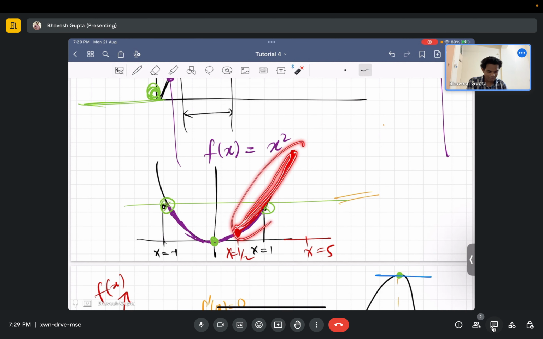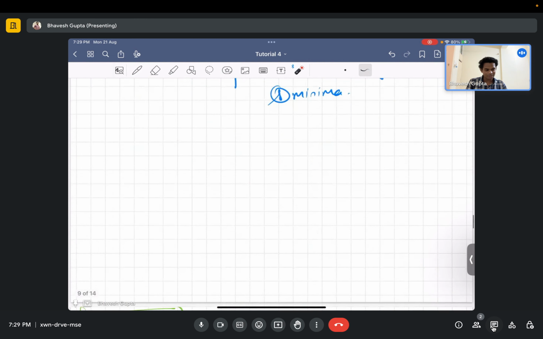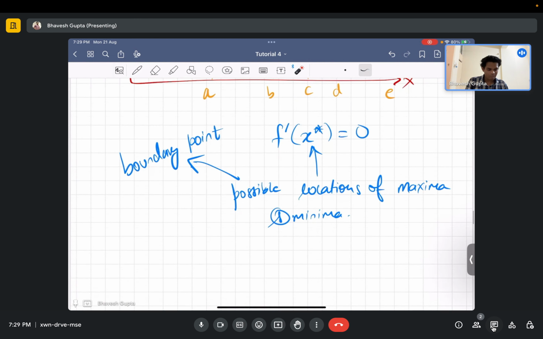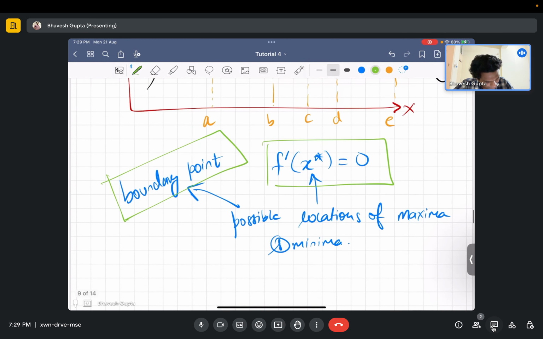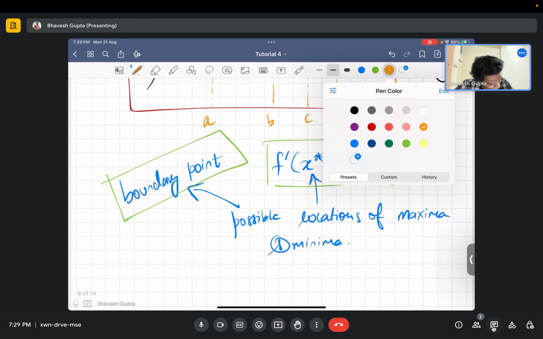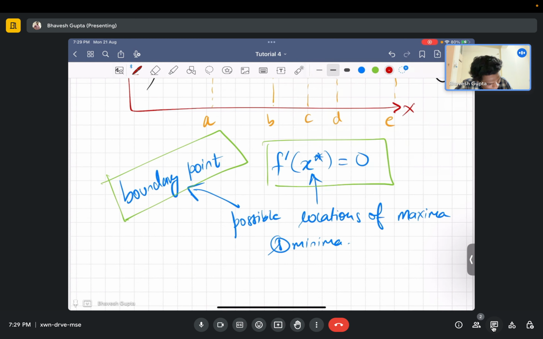And in this example, I see that the point of maxima and the point of minima are actually at the boundary, not at the point where the slope is 0. So you see, there are two possible locations of maxima and minima. One is your boundary point and one is this point, and this point has a very special name, called a critical point.